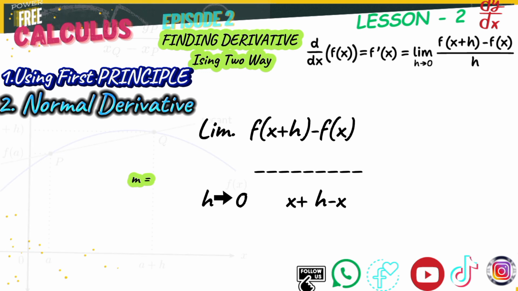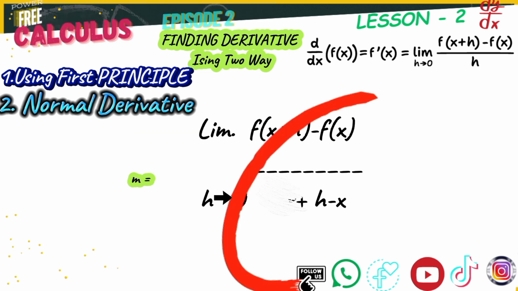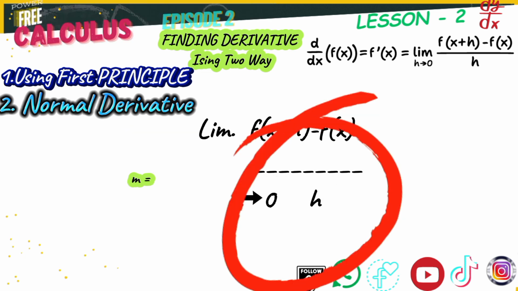Let me show you. This is the f of x I'm speaking about, so this is the value of x here. So this is f of x plus h minus f of x. And then when we simplify this formula, this x will cancel this x. You can see here, it will bring us here.